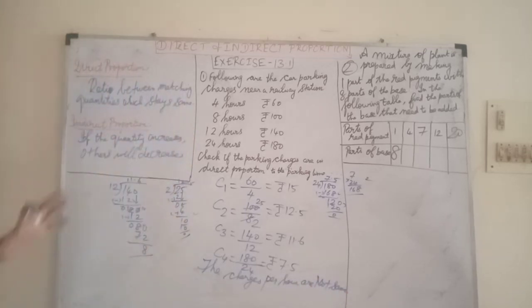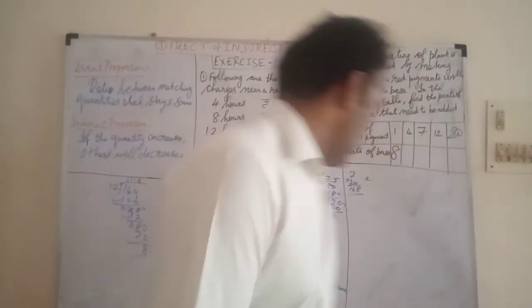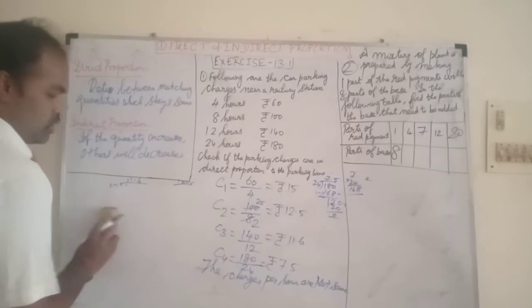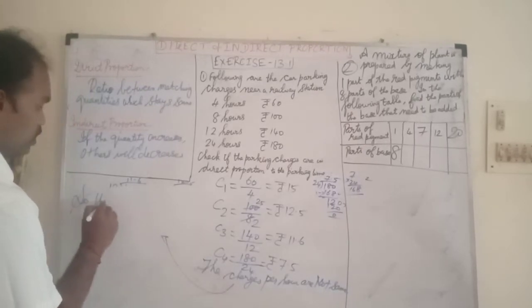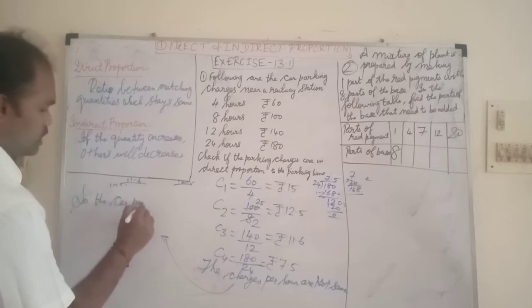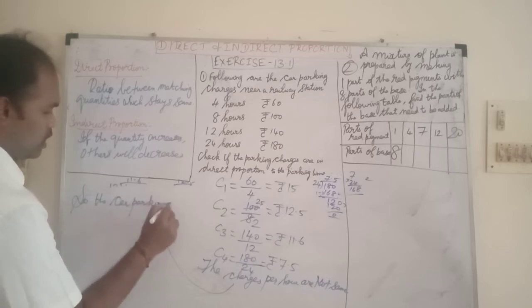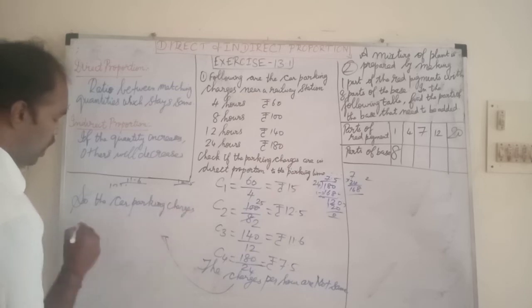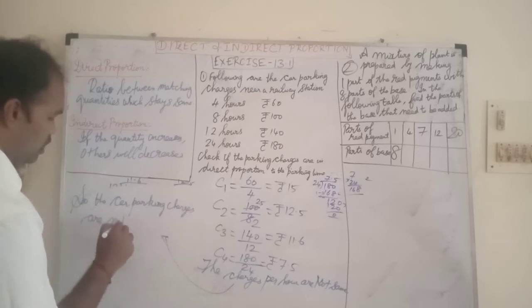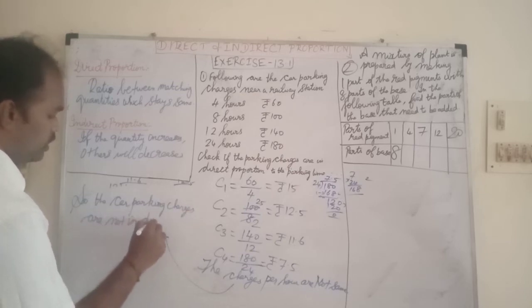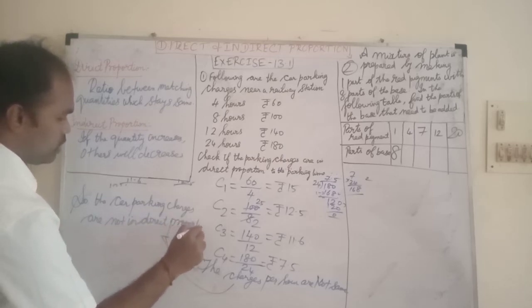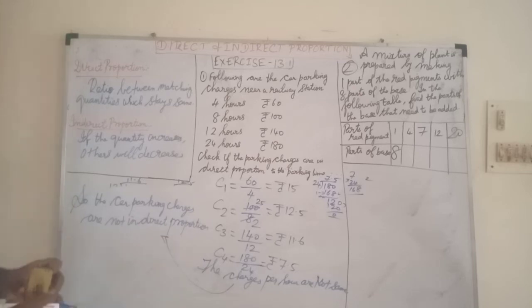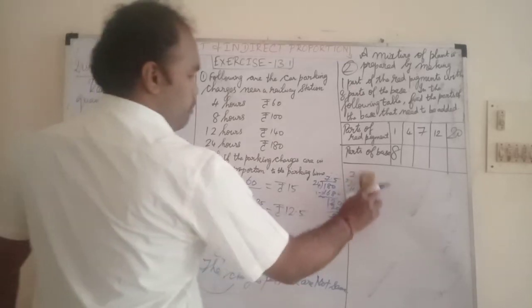So it is not a direct proportion. We need to write it, so I write here: the car parking charges are not in direct proportion. This is the first problem.